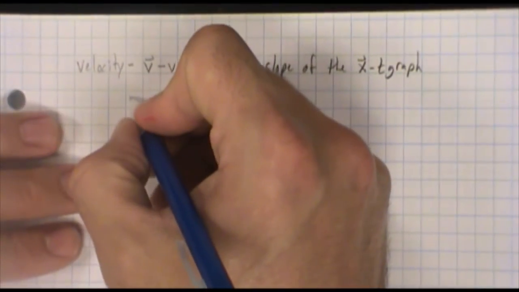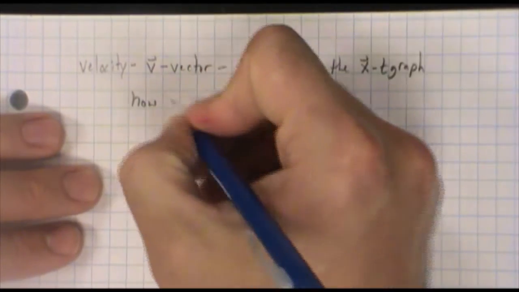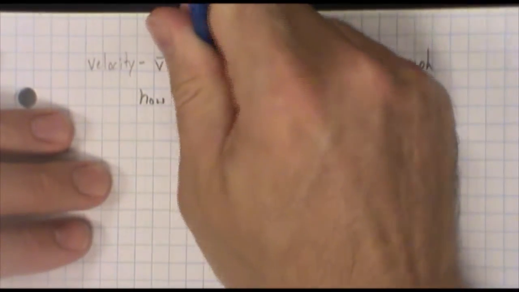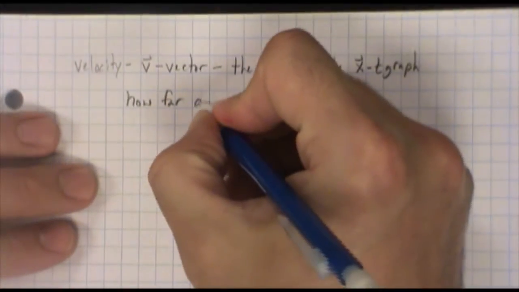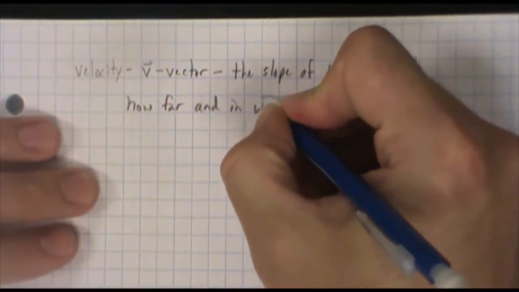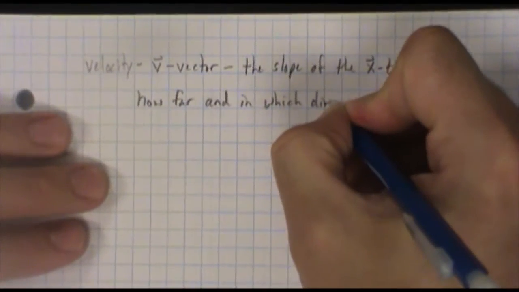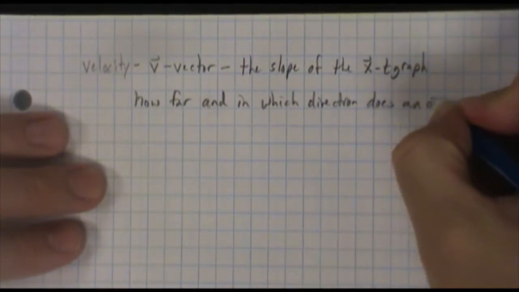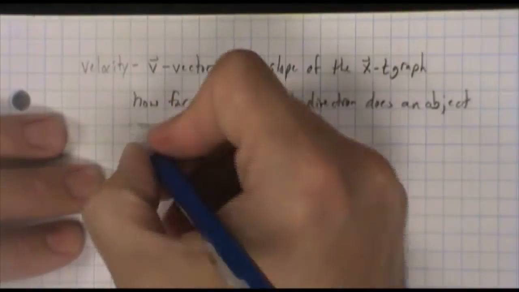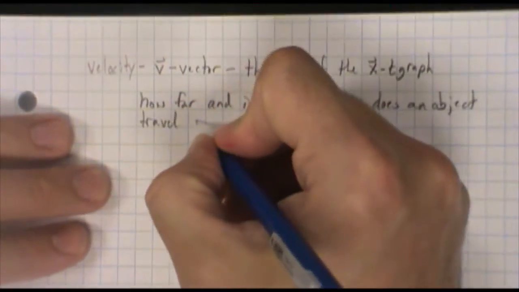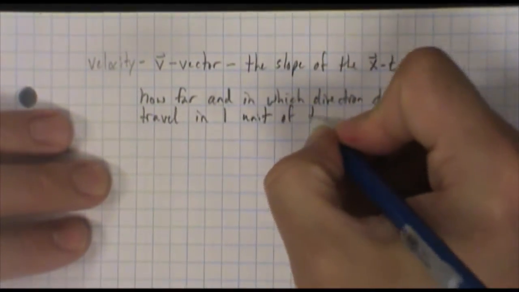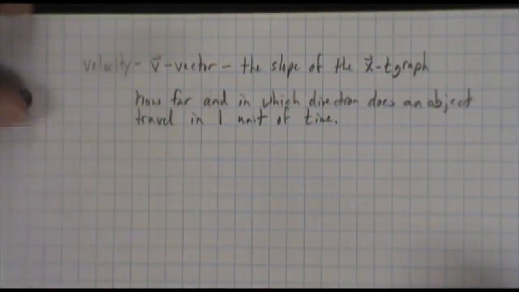The practical definition is how far, and there's actually more to that, how far and in which direction does an object travel in 1 unit of time.